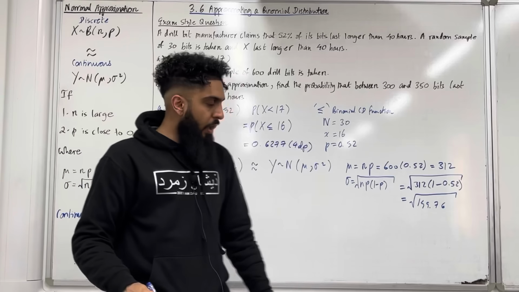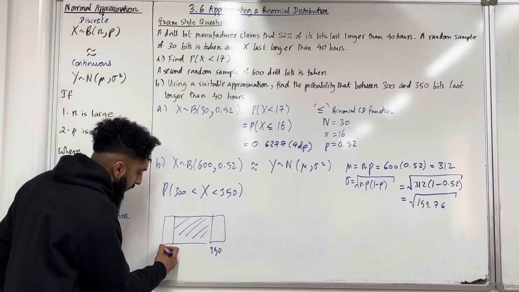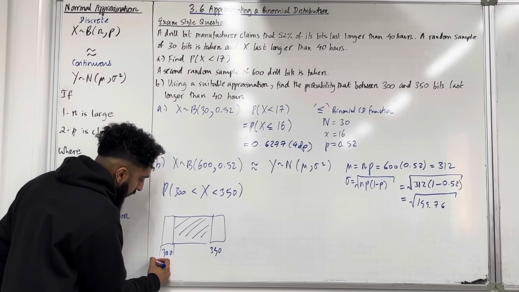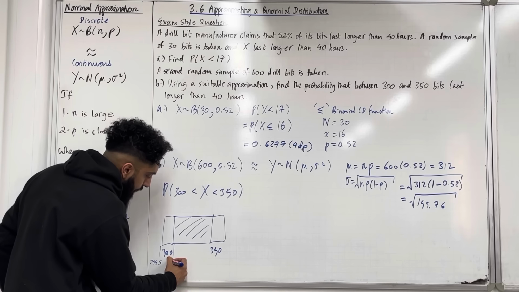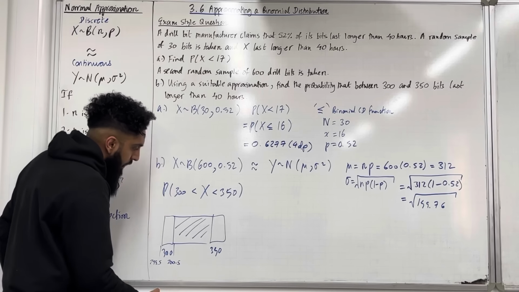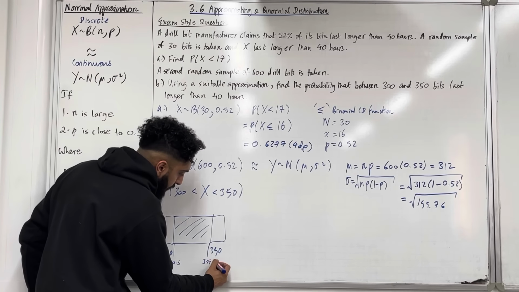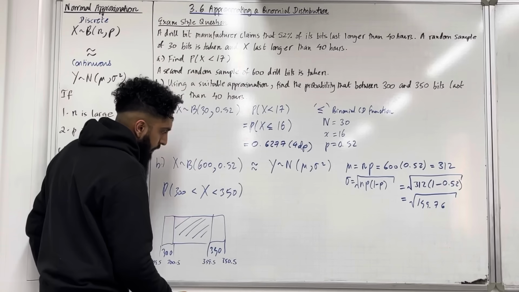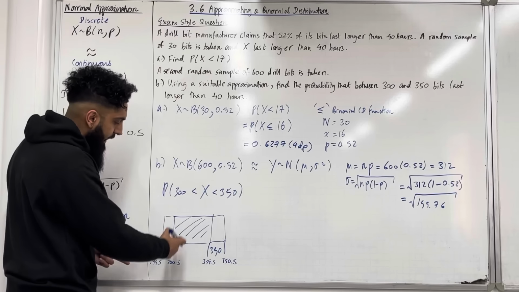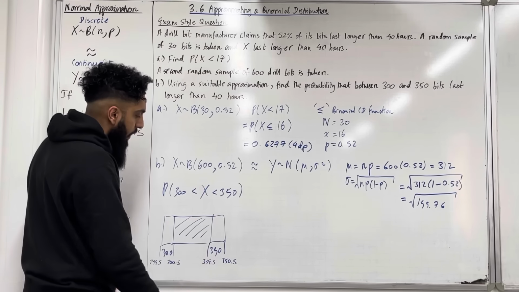Now we can compute the lower and upper bound for each of these numbers. Let's start off with the 300. So we've got 299.5 and we've got 300.5. Over here we've got 349.5 and 350.5. Okay, so we see that the shading starts at 300.5 and it ends at 349.5.